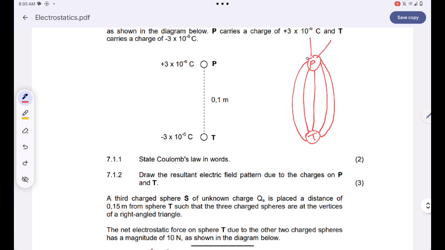Since these two charges are identical and have the same magnitude, the number of field lines should be the same, né? And since sphere P is the one which is positive, the arrows will point from sphere P to sphere T, né? On sphere P they will point outwards, on T they will point inside, like that.